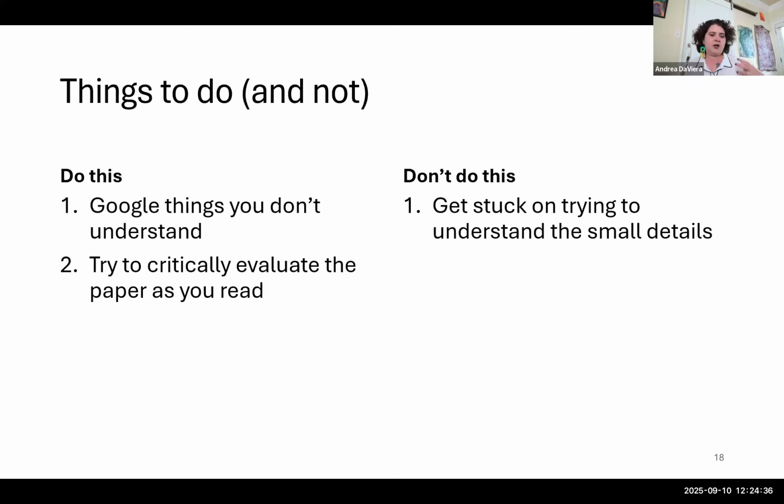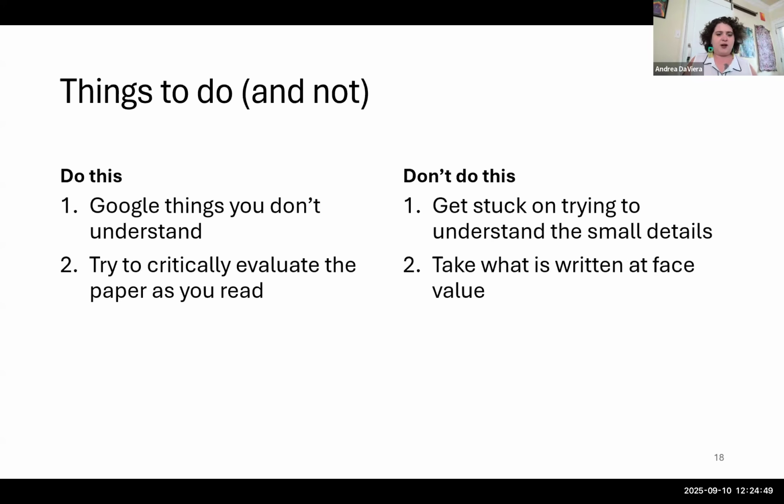Try to critically evaluate the paper as you read. As I said, no paper is absolutely perfect. Most papers are far from perfect. Don't take what is written at face value. By critically evaluate, I want you to question things as you read. Why do you think the researchers did what they did in that study?